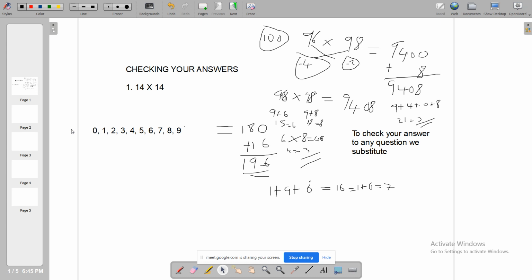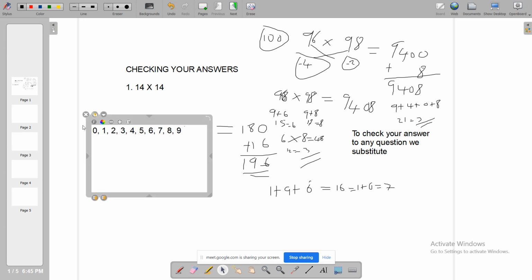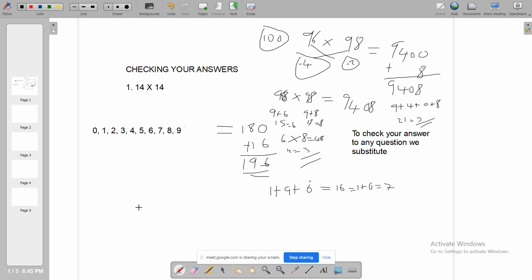I'm saying 9 is a number which is repeating itself. When you multiply 9 by any number, it will give you the same number. Let's prove it. Let me take a number. 9 times 2 is what? 18.